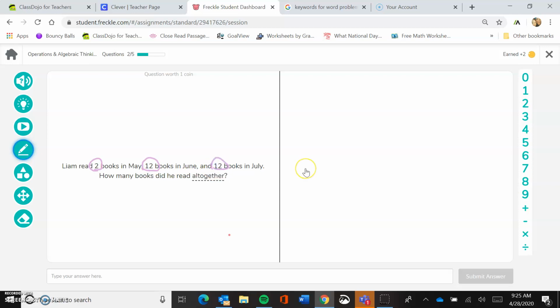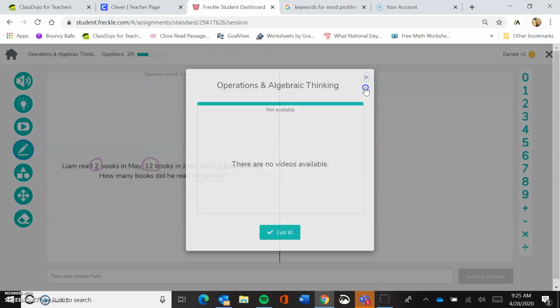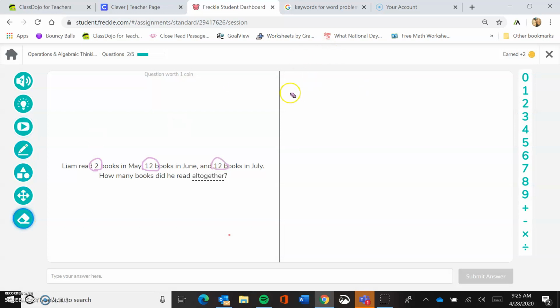That's the information I know, okay? You can even write it to the side if you want. He read 2 in May, 12 in June, and 12 in July. Okay, so that's what we know.